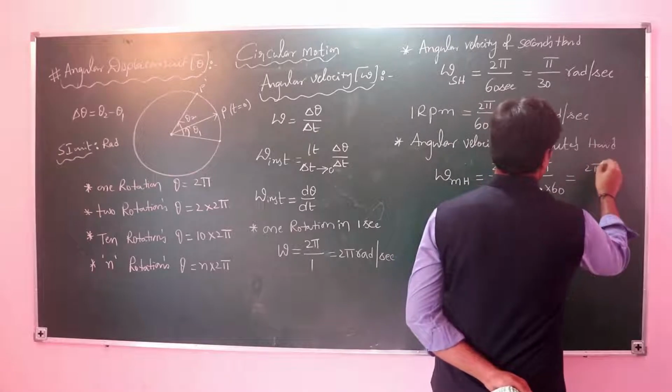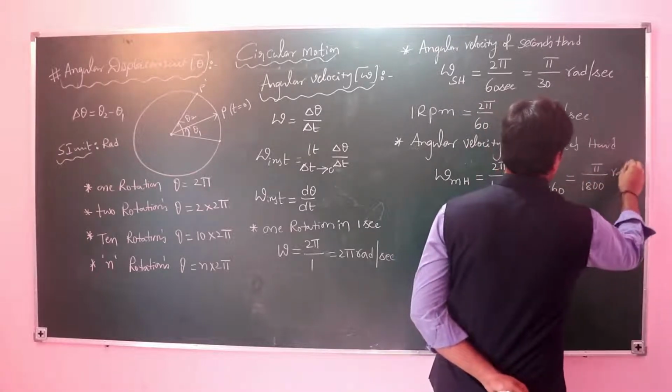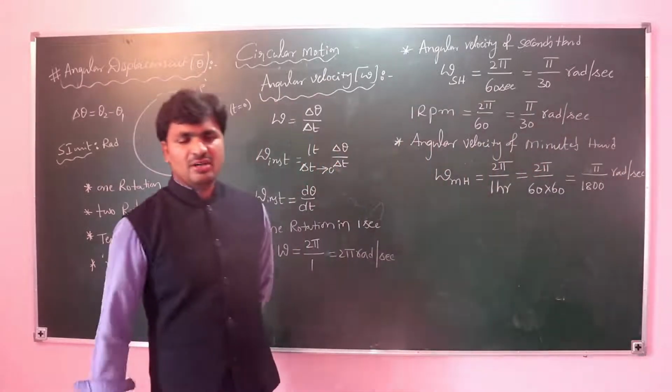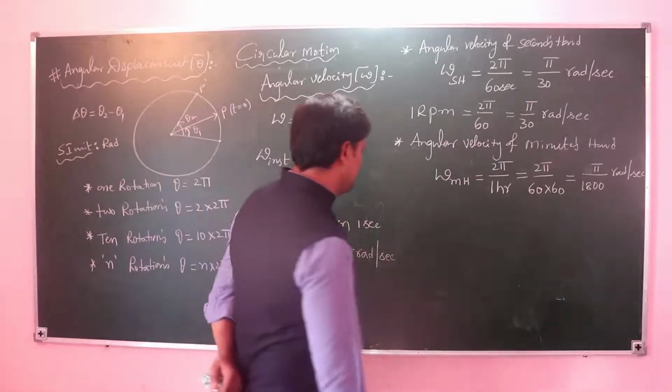So that is equal to 2 pi by 3600, nothing but pi upon 1800 radian per second. That is the angular velocity of the minutes hand.